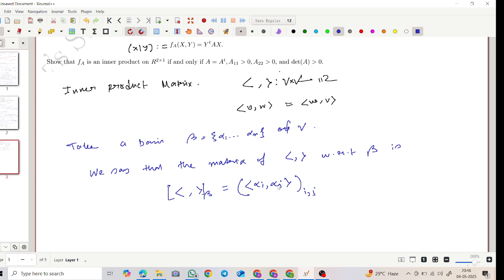Clear? Is the definition clear? That is, what is the matrix of an inner product with respect to a given basis? Is the definition clear?